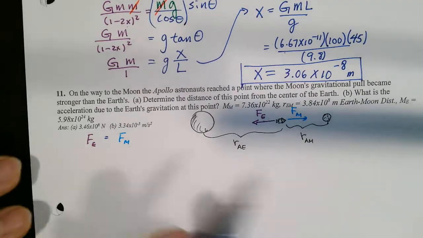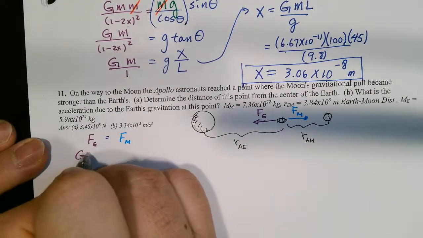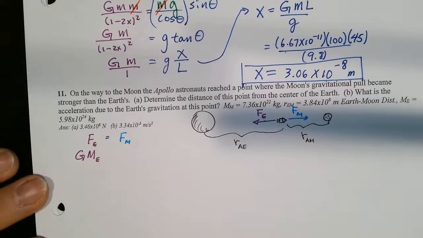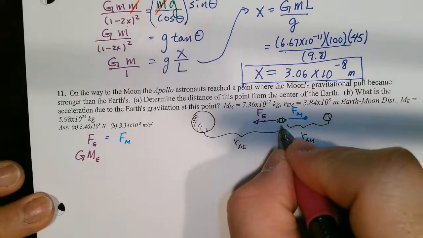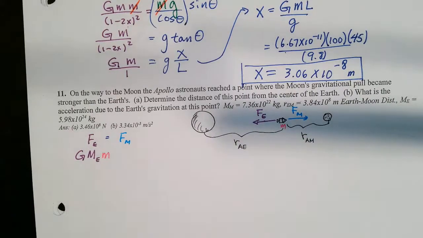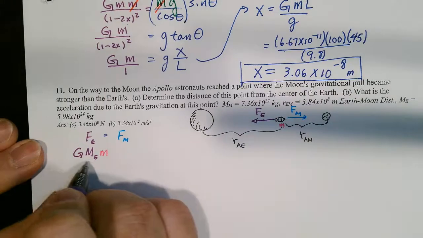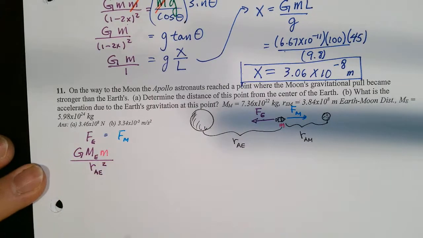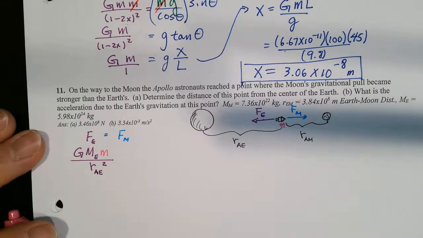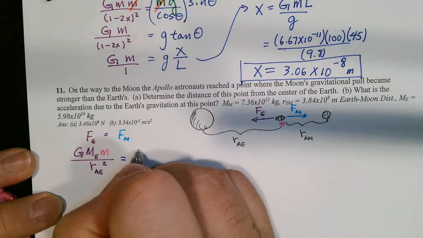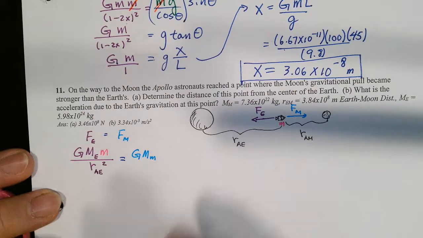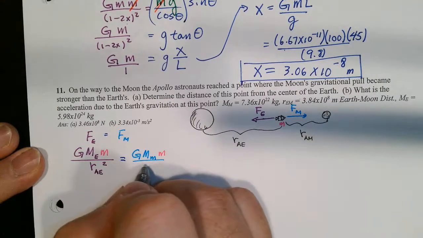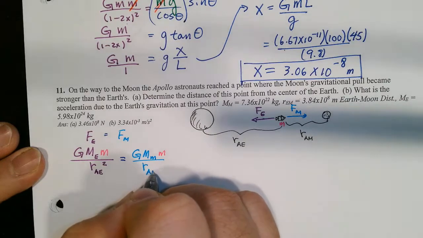Since F Earth is G times the mass of the Earth times the mass of the Apollo, divided by R AE squared, that must equal G times mass of the moon times the mass of the Apollo, divided by the radius of Apollo to moon squared.